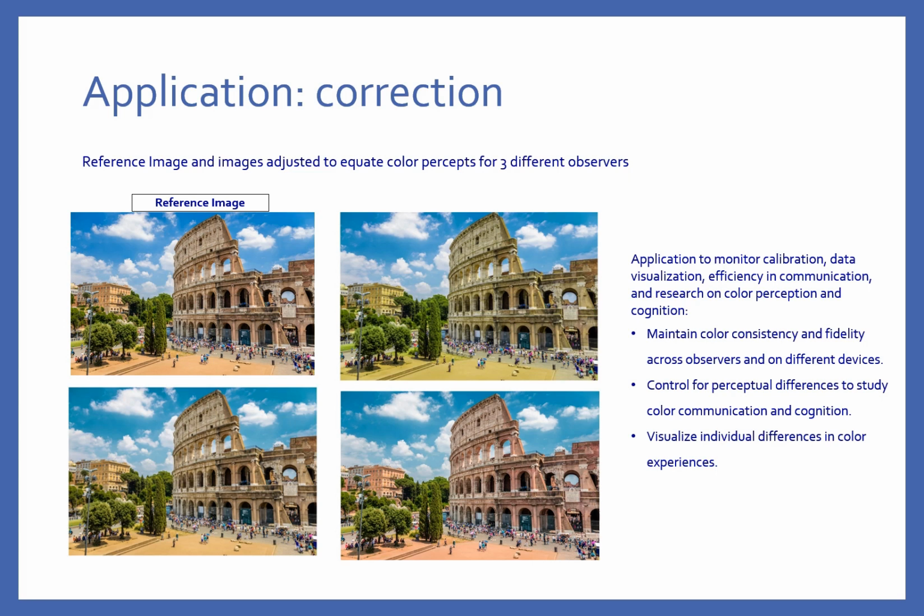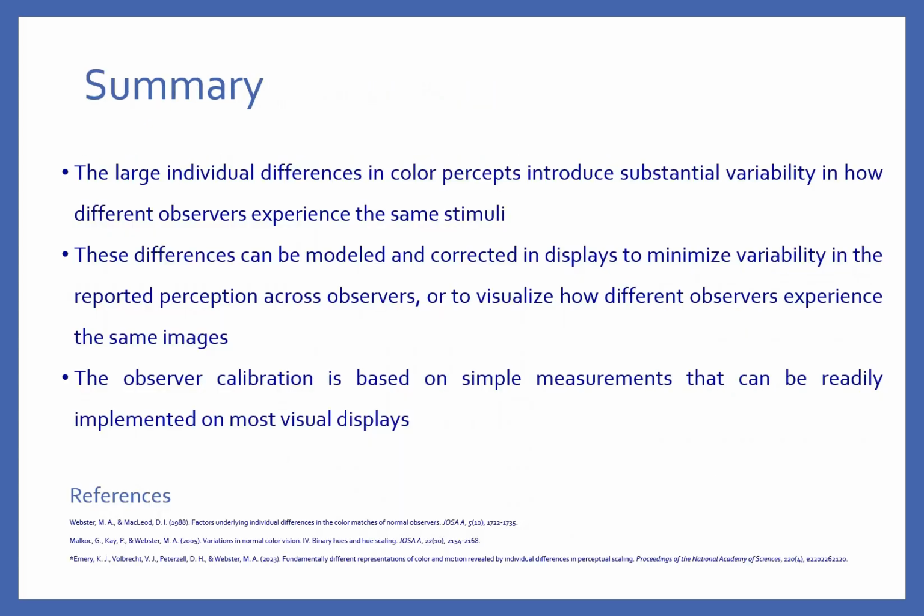across the observers. So we can apply this algorithm to color calibration, data visualization also, and to test and understand efficiency in communication, to see how color perception and cognition are strictly linked. To sum up, the large individual differences in color percepts introduce substantial variability in how different observers experience the same stimuli.